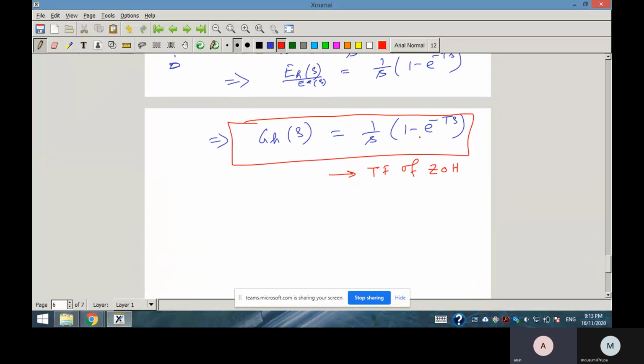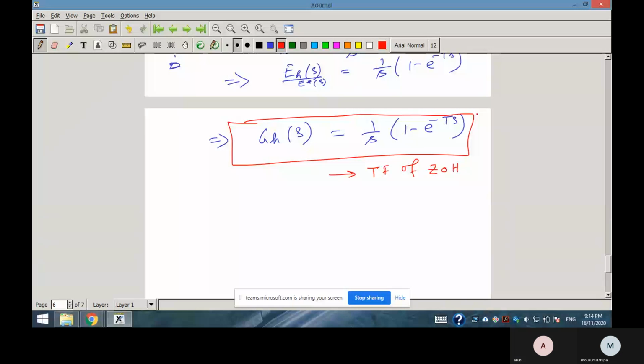It is 1 by s into 1 minus e to the power minus Ts. So what is the order? This is an infinite dimensional system.